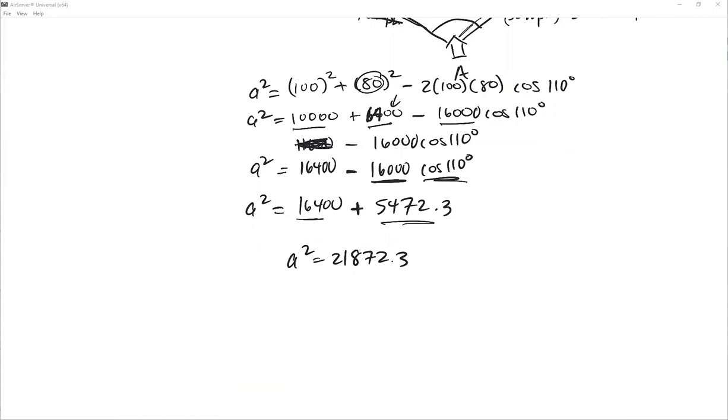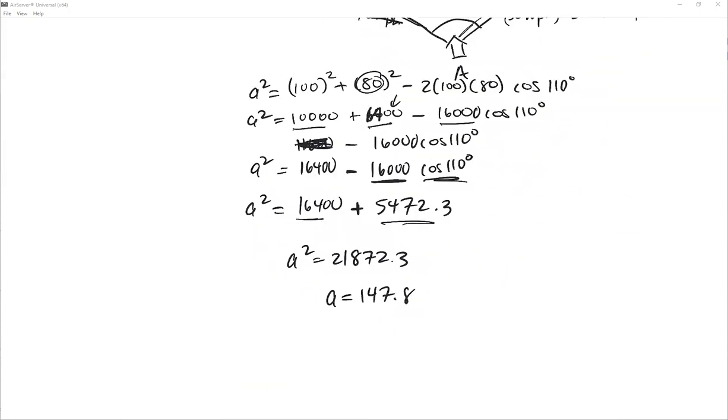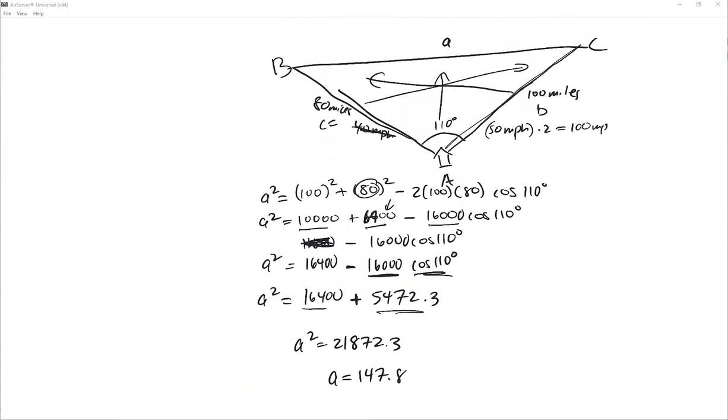Take the square root, so A is equal to 147.8. You don't have to get it exact, but if you got around that estimate, it should be good. So you just say 148. Does that look right? Anybody have any discrepancies? Please let me know.